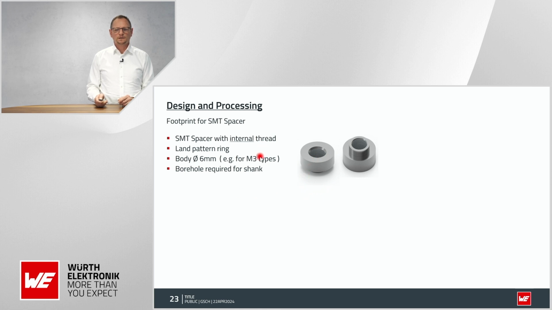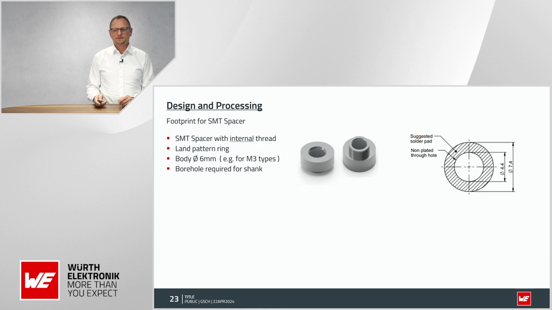And the land pattern at the end is only this kind of ring all around. And this is exactly what needs to be placed here. It means you have a hole in the PCB, and again the bore hole, we call this the shank area, because this is going inside of the bore hole, looking like this.